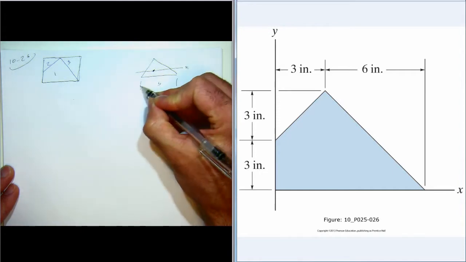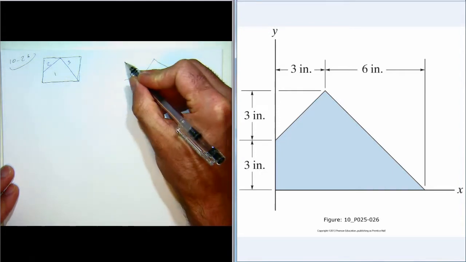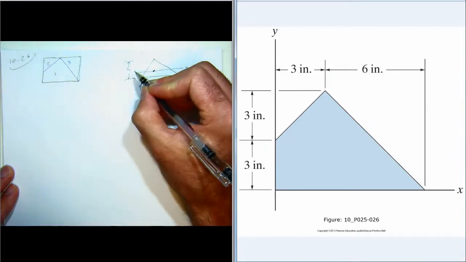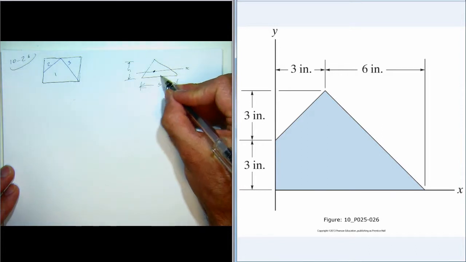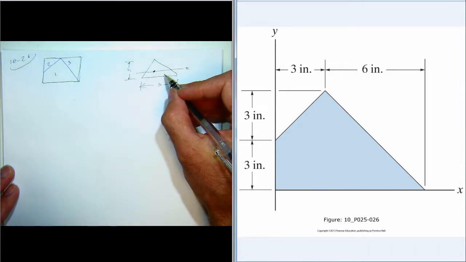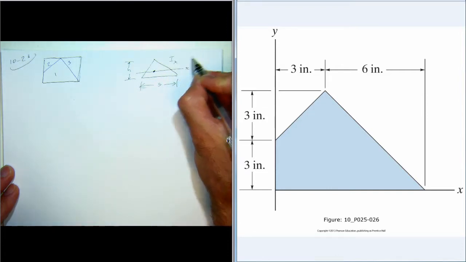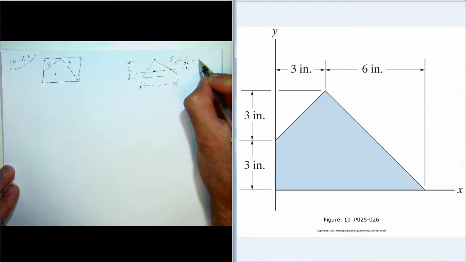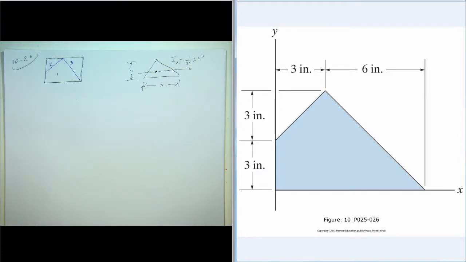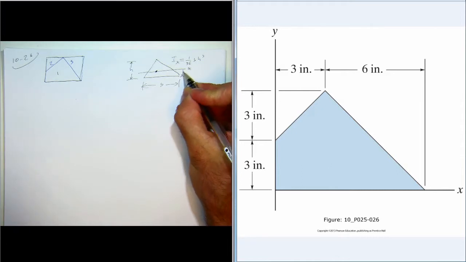This dimension is B and this dimension is H. And we have that this distance here is 1/3 of H, and the moment of inertia about this axis is 1/36 times B times H cubed. So this is 1/3 H.